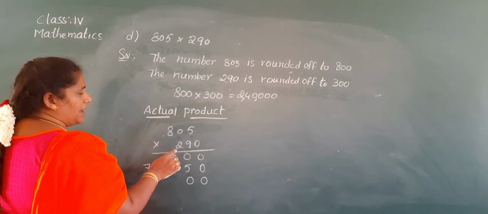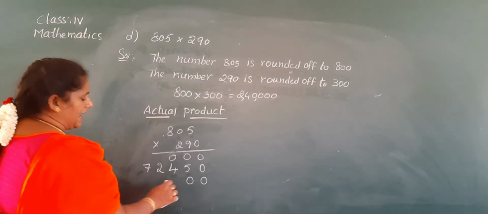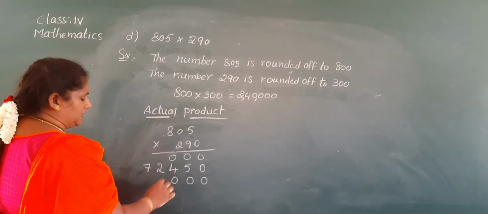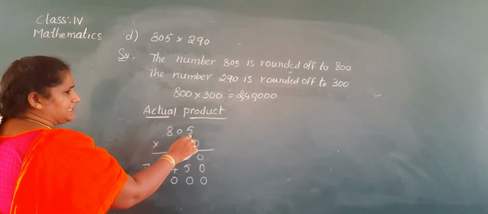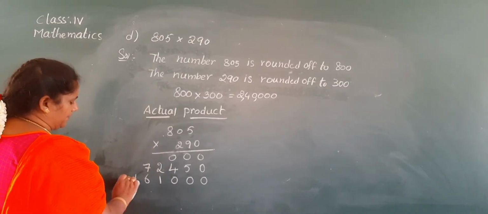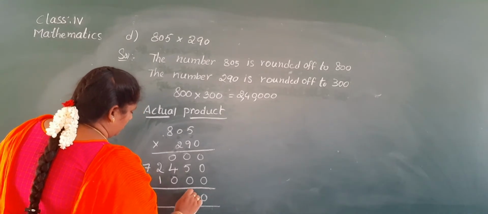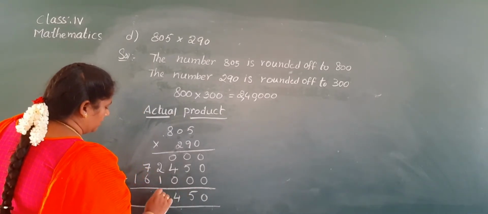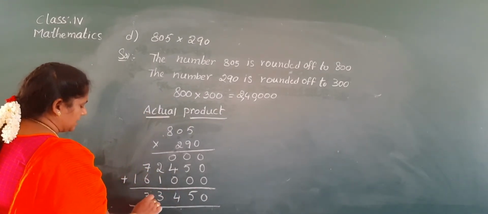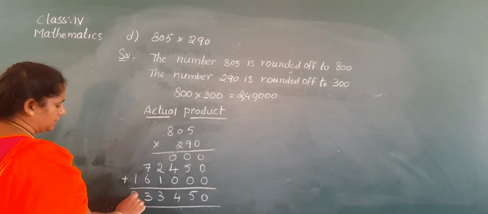Now ones and tens are closed. Now start from the hundreds place. 2 5s are 10. 1 in hand, 0 is down. 2 0 0 plus 1, 1. So 2 5s are 10, you write down itself. 2 8s are 16. 0 5 4 3, 7 plus 6, 13. 1 in hand, 3 is down. 1 plus 1, 2.